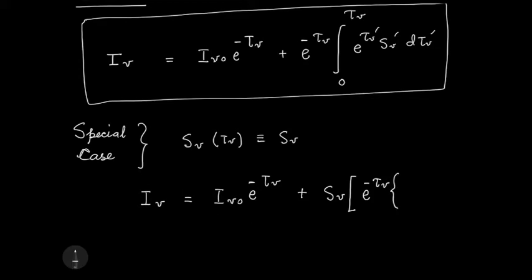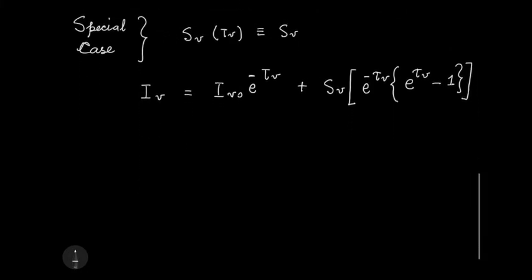E to the minus tau nu times the result of the integral. So if I do the integral, I will get e to the tau nu first, and in the lower limit, tau nu is 0, so I'll get 1.